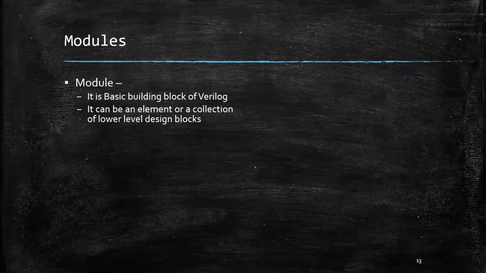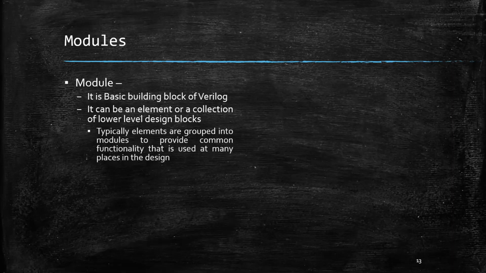A module is basically the basic building block used in Verilog. Using this, we build the entire digital circuit design that is required. It is a collection of lower level design blocks, and using these blocks I can establish a system which is a combination of all of them.